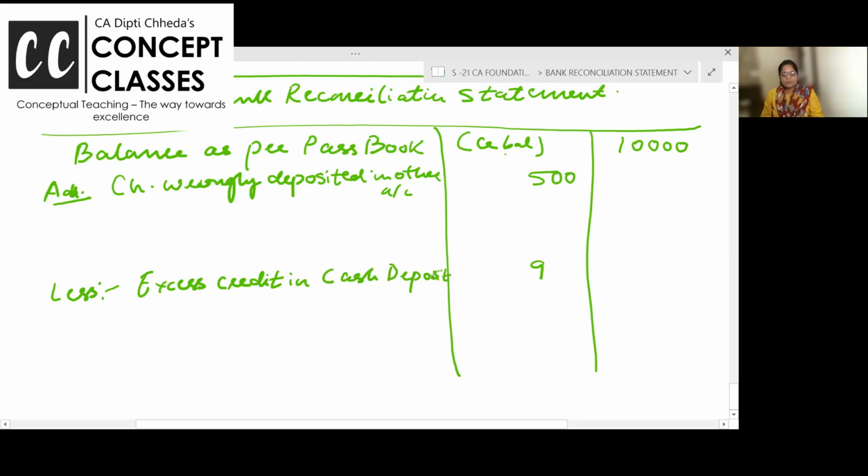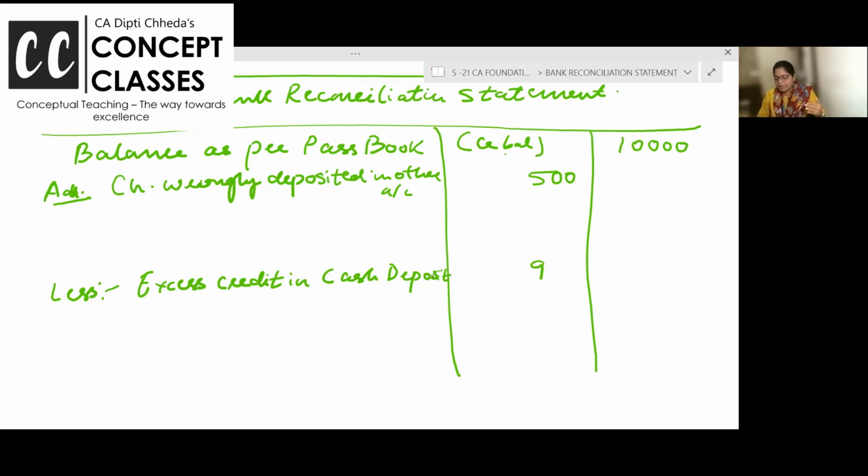Withdrawal column of the passbook undercast by 100. Withdrawal column of the passbook undercast by 100. So withdrawal means the debit side. So the debit side is withdrawal for the bank and the debit side is undercast by 100.